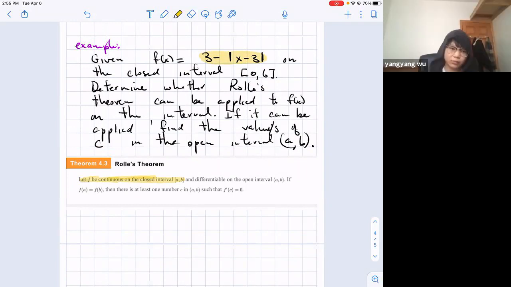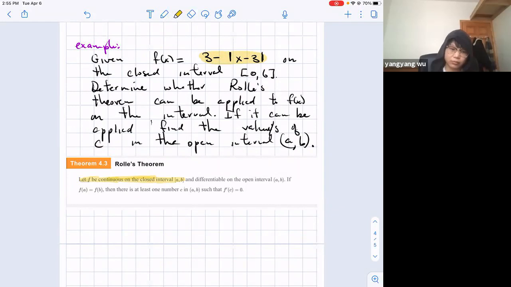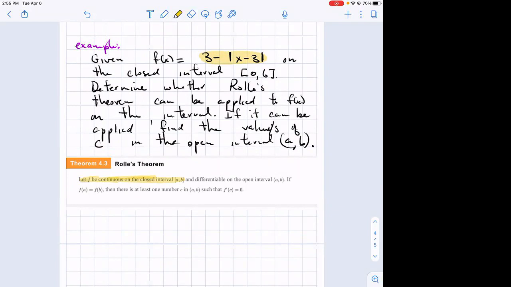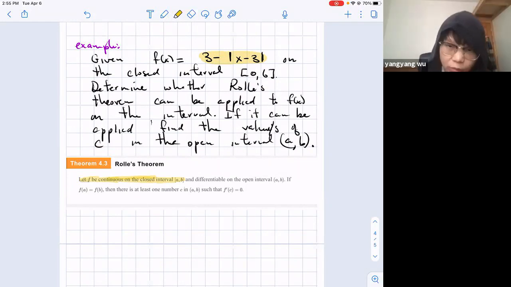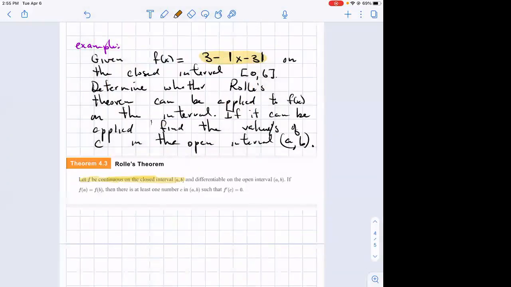Yes, it is continuous. Is it on a closed interval, yes or no? Yes. How do you know, Miss Yang Yang? I give you the closed interval. It's on a closed interval. You don't have to look for it. It's given.